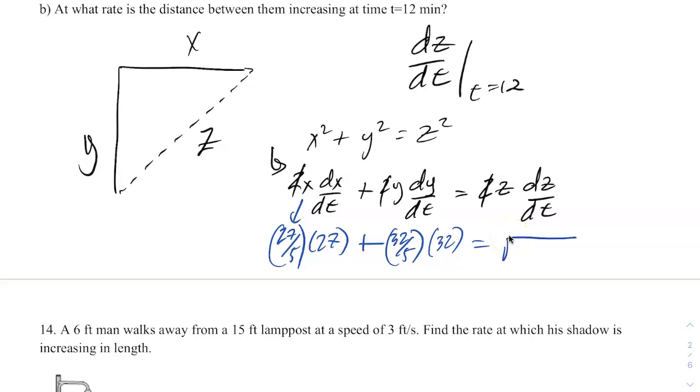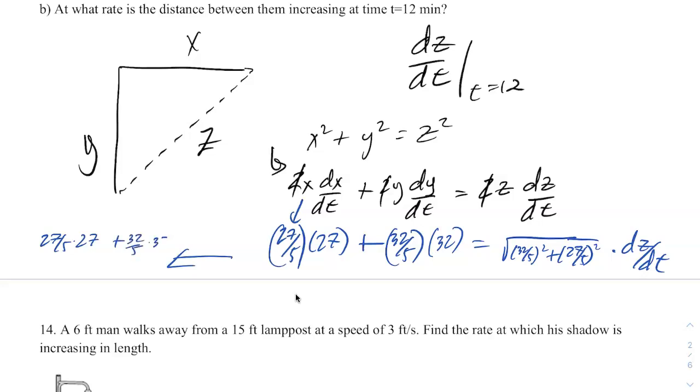It's the square root of 32 over 5 plus 27 over 5 times dz/dt. And then to solve for dz/dt, we just divide by this. We plug that all into our calculator. We're going to get 27 over 5 times 27 plus 32 over 5 times 32, all over the square root of 27 over 5 squared plus 32 over 5 squared.